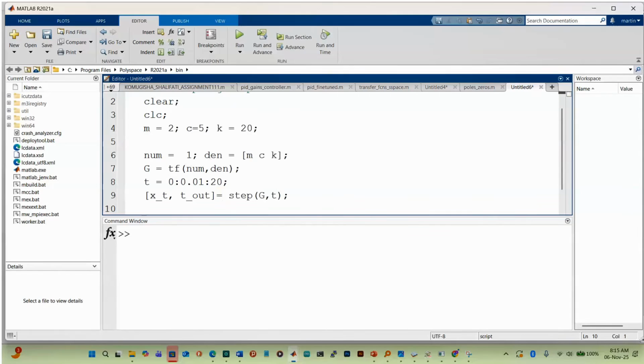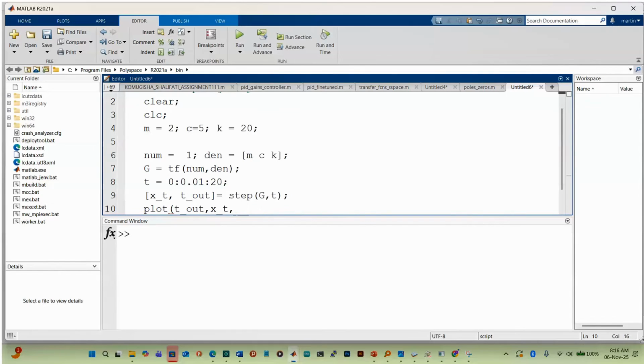We continue. The next is to plot. We want to plot the values of t out and x of t. But then we are going to format our line. The line that we are using to plot should have a line width of 1.5.